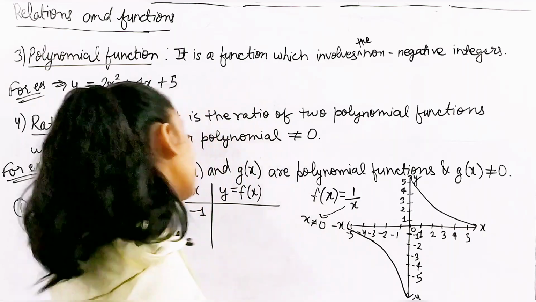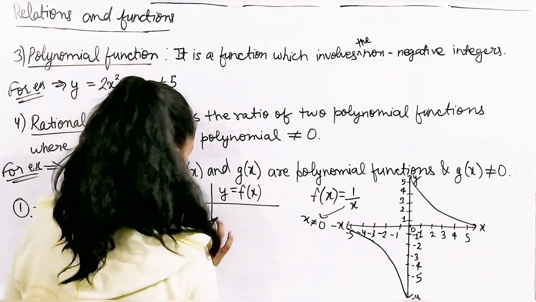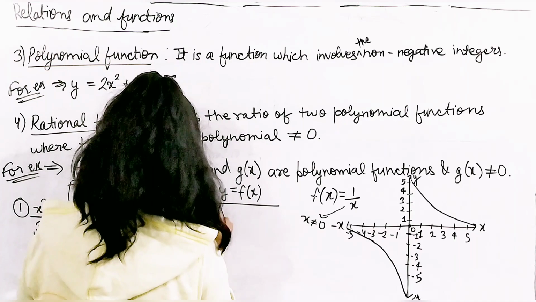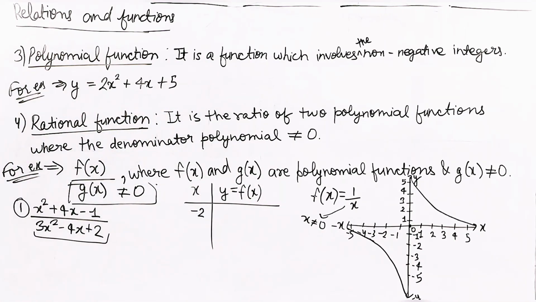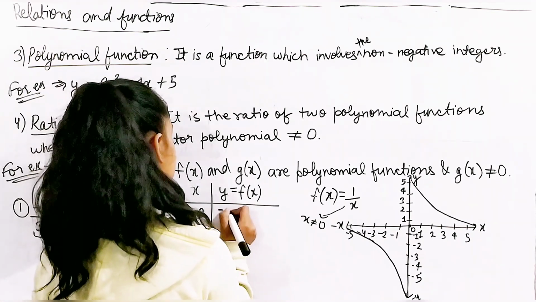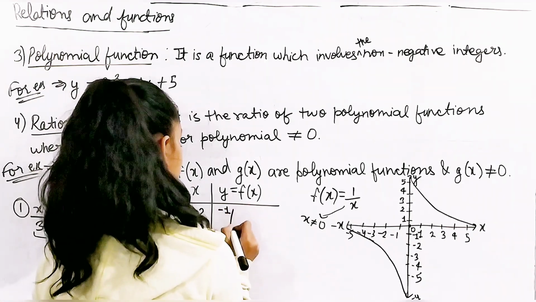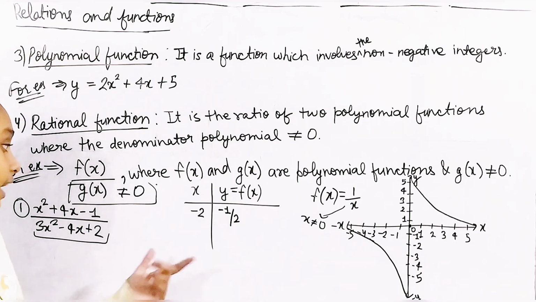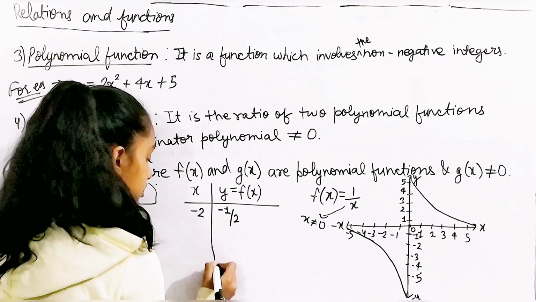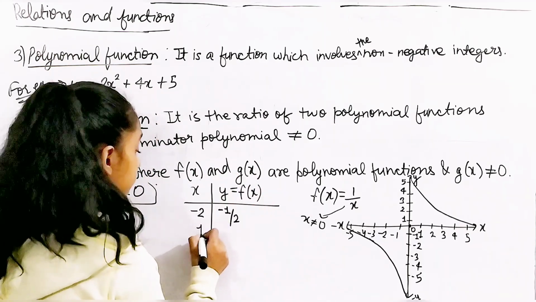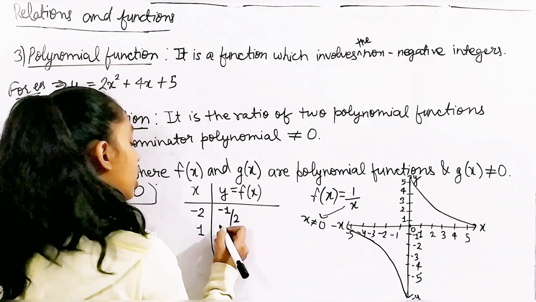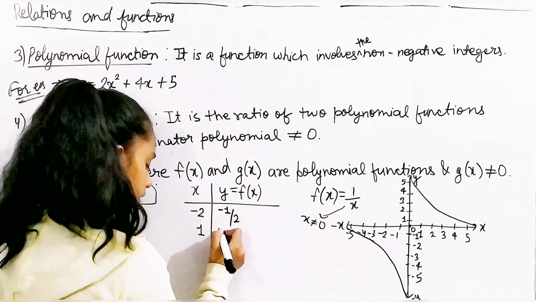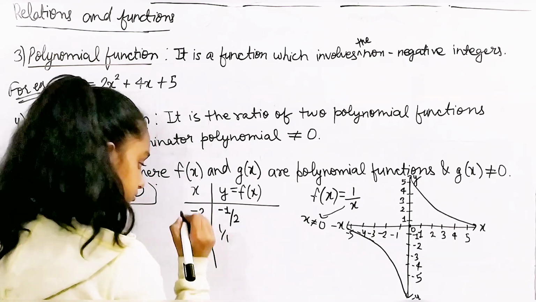Okay, let's take another number. Negative 2, so we're going to go with negative 2. So negative 2 is actually going to be negative 1/2. It's really simple. And if I say 1, then 1 is going to be 1/1.